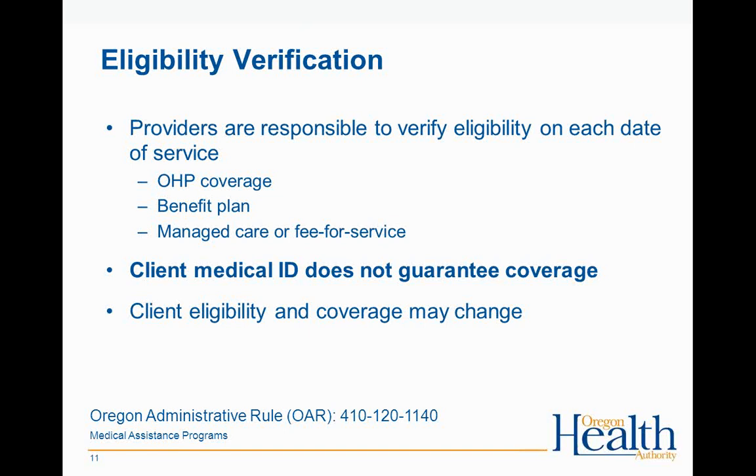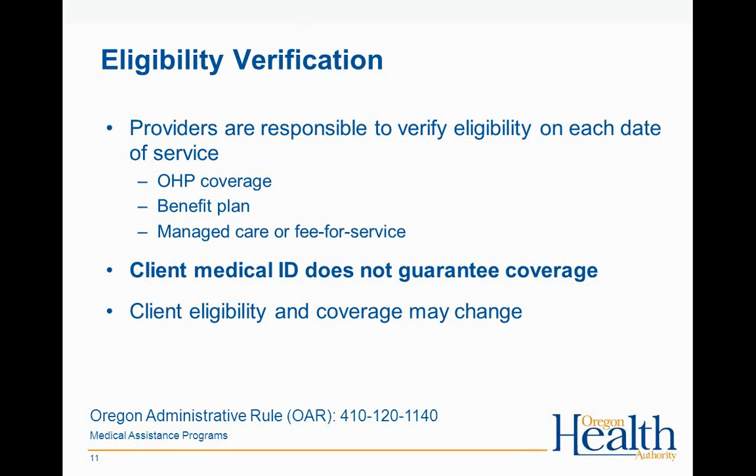And then also you want to know if that person is enrolled in one of our managed care or coordinated care plans, or if they are fee-for-service. Fee-for-service is basically what it means is that that person is not enrolled in a separate plan, so all authorization and billing comes through us directly here at MAP.